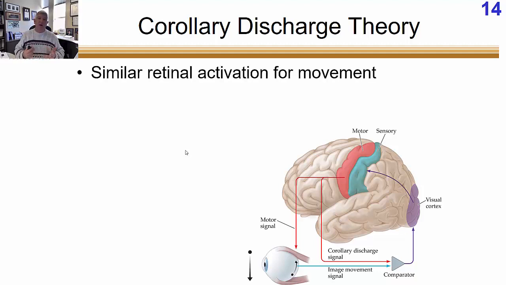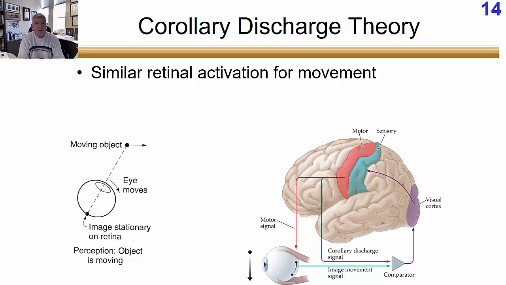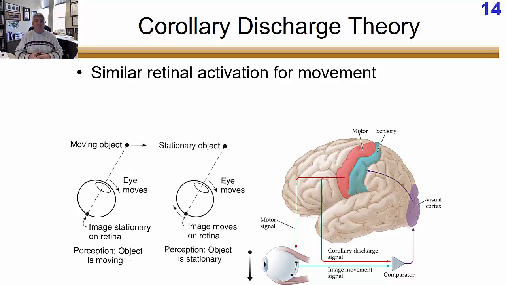So there's a problem, sort of like the inverse projection problem, with detecting movement. The problem is we can have multiple things produce real movement on the retina. For instance, if we have a stationary object, and I move my head or I move my eyes, I scan across the scene, then my hand is moving across the retina, but my hand is actually stationary.